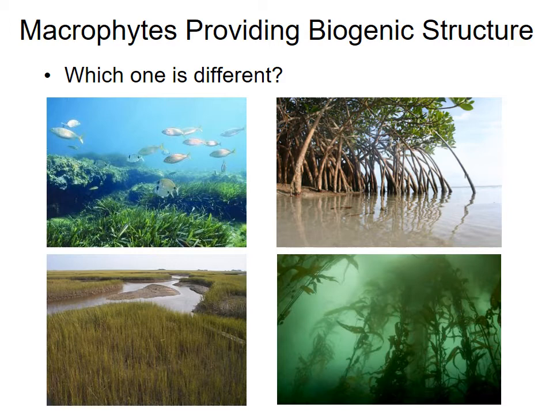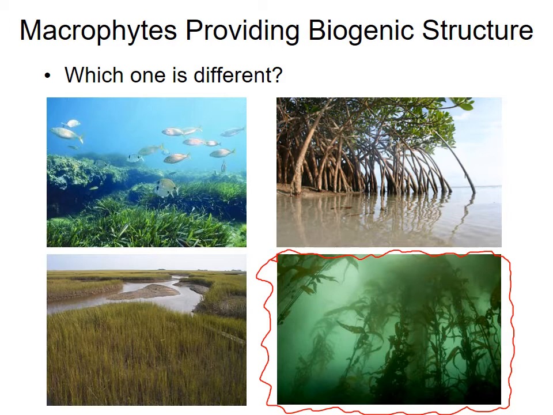Well, I think the kelp bed is the one that doesn't quite fit here because the other 3 habitats are all made by true plants, plants with roots, leaves, stems, flowers, whereas the kelp bed is made by macroalgae, which are on a very separate branch of the evolutionary tree.